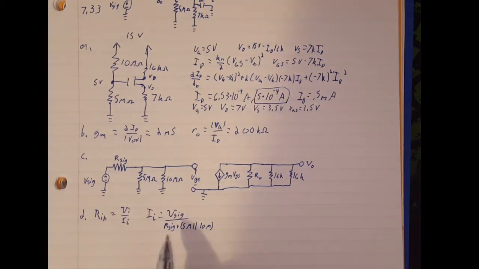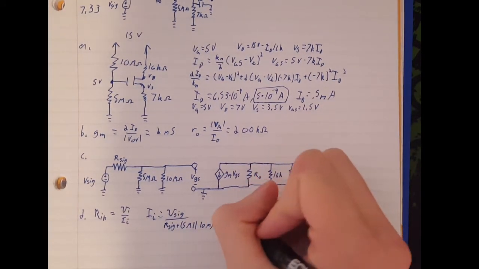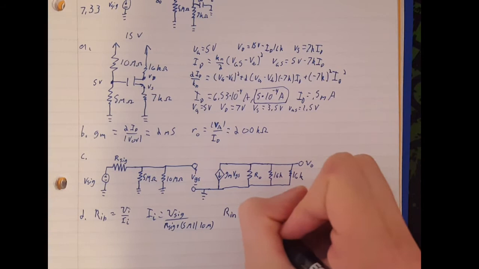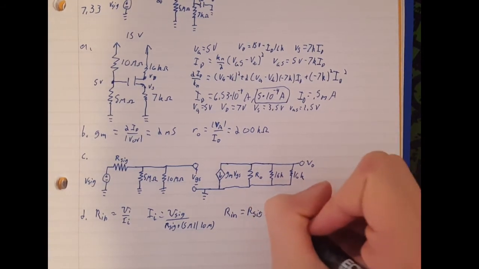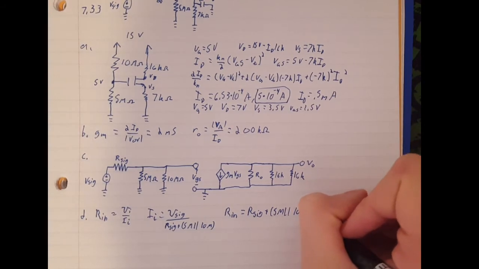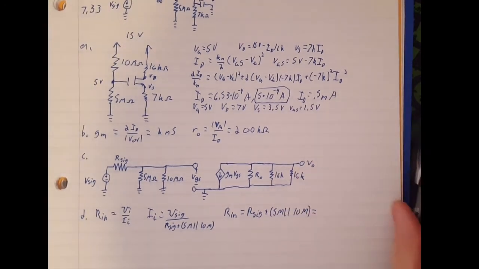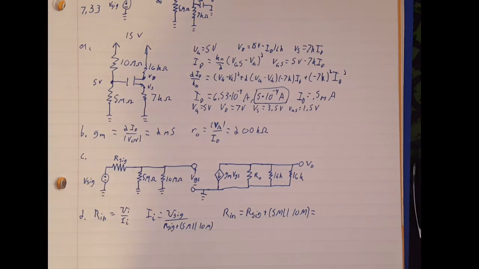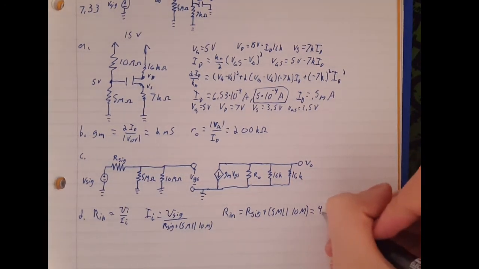If you rearrange this, you get Rin is equal to R sig plus 5 mega ohm in parallel with 10 mega ohm, which is equal to 4 mega ohm.